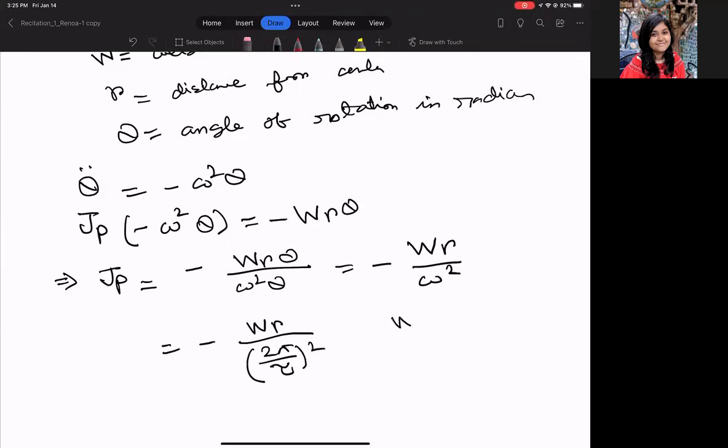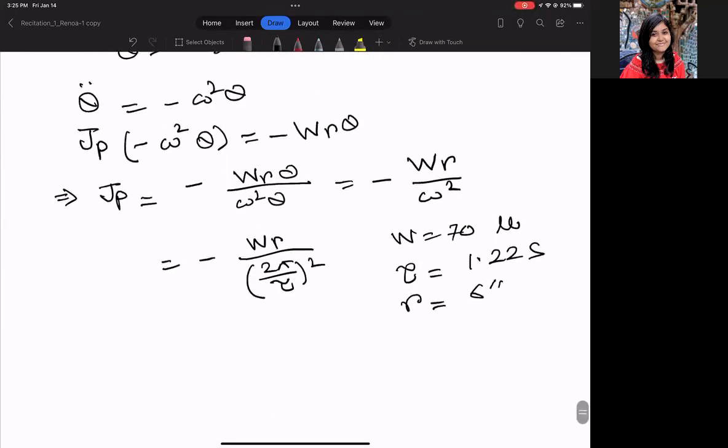Now we are given W is equal to 70 pounds and tau is 1.22 seconds, and the radius is 6 inch.